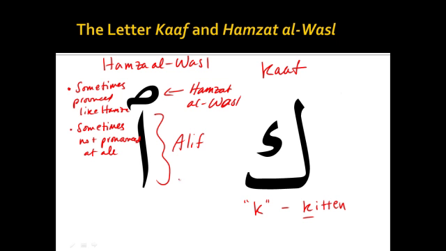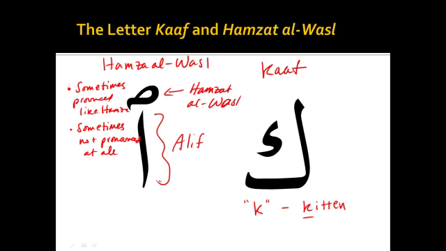So the Hamzat al-Wasl is going to sound just like a regular Hamza. However, when we connect this Hamzat al-Wasl to a previous word or a previous letter, then we won't pronounce it at all. So this will become clearer as we look at some more concrete examples.